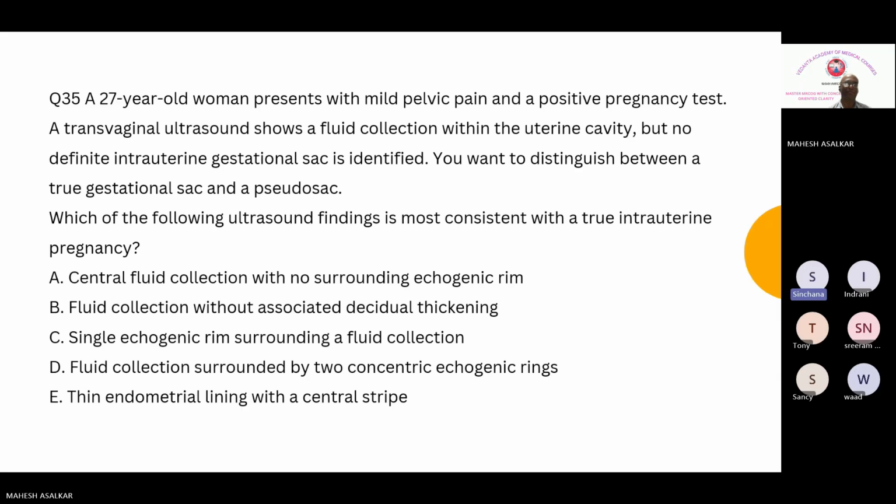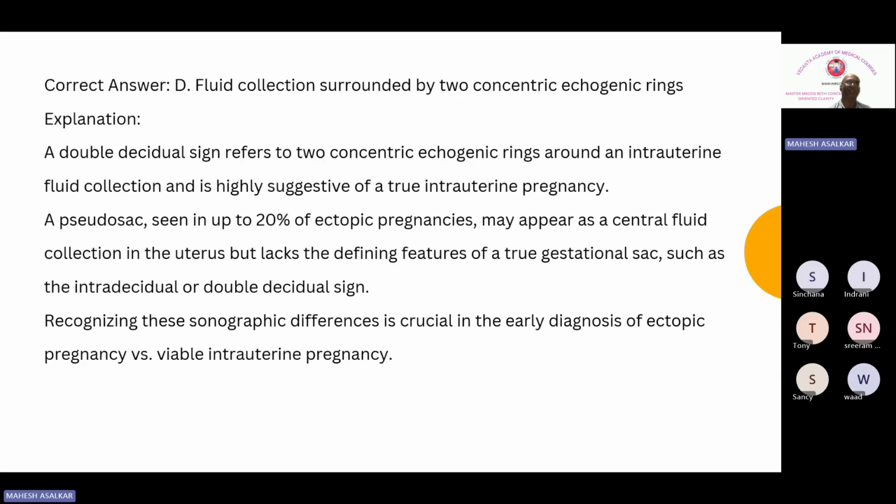So it is D, fluid collection surrounded by two concentric echogenic rings, which is the double decidual sign. DDS, what we call the double decidual sign, refers to two concentric echogenic rings surrounding an intrauterine fluid collection and is highly suggestive of a true intrauterine pregnancy.